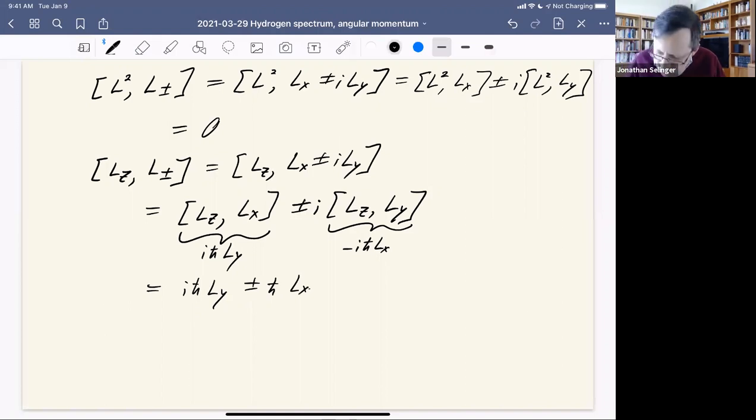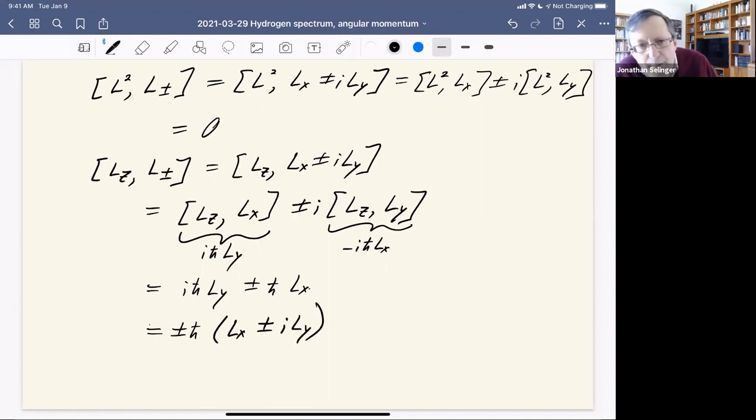Thank you. So now I can factor out the H bar. I can factor out a plus or minus. That would be cool. And then there is Lx, and then plus or minus I Ly.